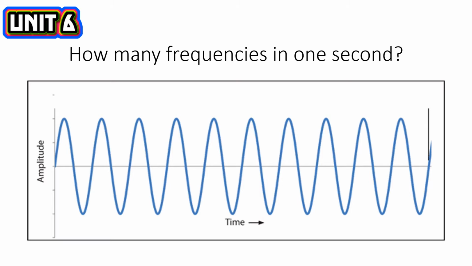In this picture, how many crests are there? 1, 2, 3, 4, 5, 6, 7, 8, 9, 10 crests. Therefore, the frequency in 1 second is 10. Don't forget the unit, 10 hertz.